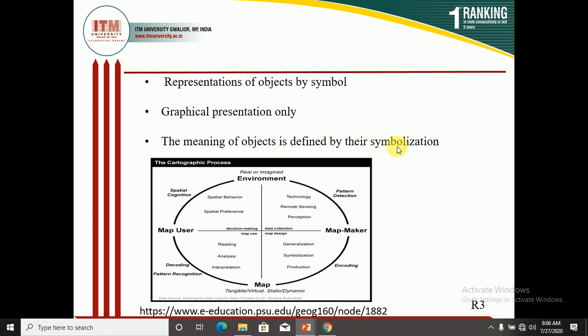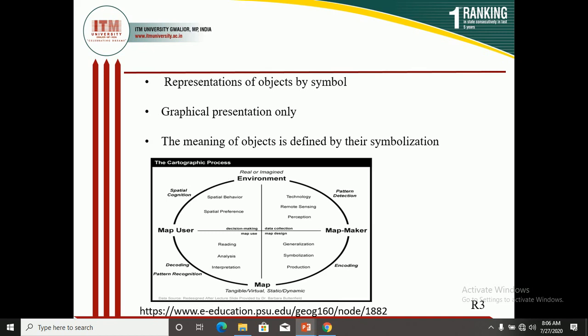Let us see what happens in the cartographic process. First, whenever a map maker, that is the cartographer who makes the map, wishes to observe a certain land feature, he visualizes what sort of land features are available, whether it is a hilly area, a sandy area, a desert area, or a dense forest, whatever it may be.